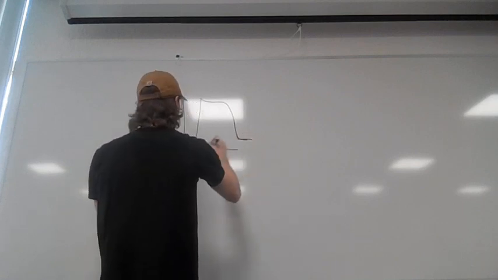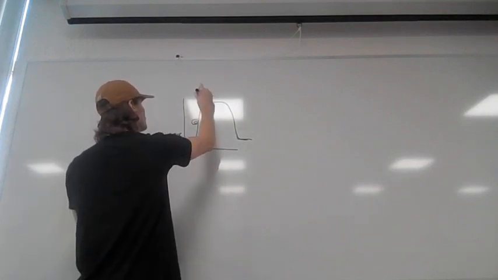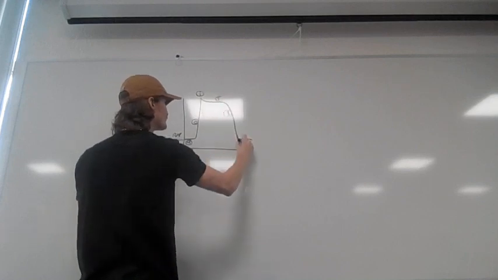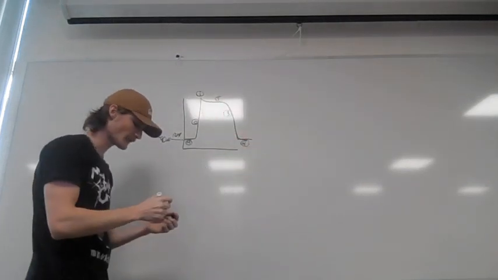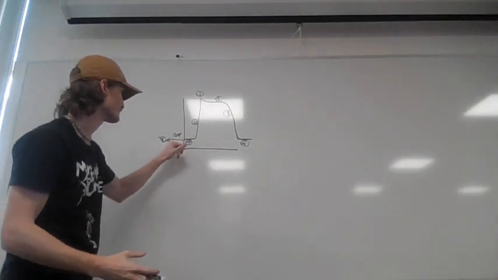It'll sort of curve into it. And so we're going to label these 0, 1, 2, 3, 4.